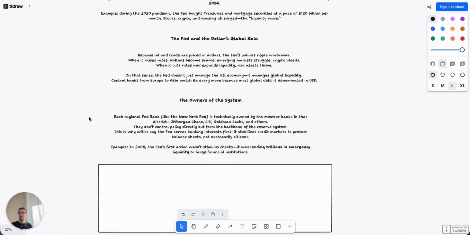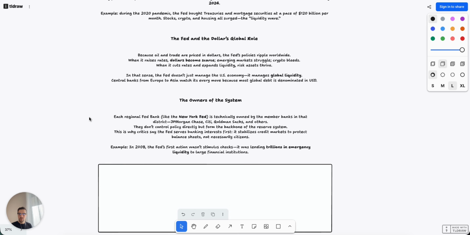People will not rebuild the system if you help them, so to speak, from a very high-level basic perspective. But if you help the biggest financial institutions so the system can keep on running, so nothing collapses, they have to help them instead of helping just the regular working class. So for example, in 2008, the Fed's first action wasn't some sort of stimulus checks to help people.